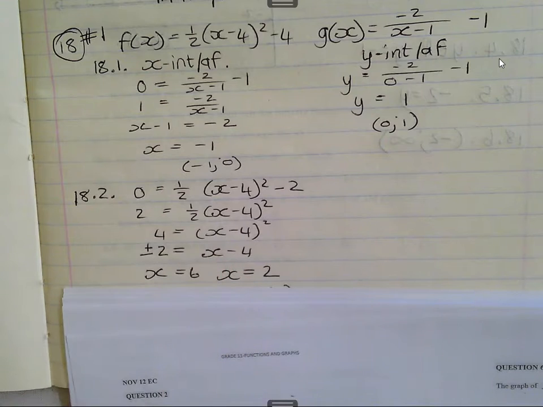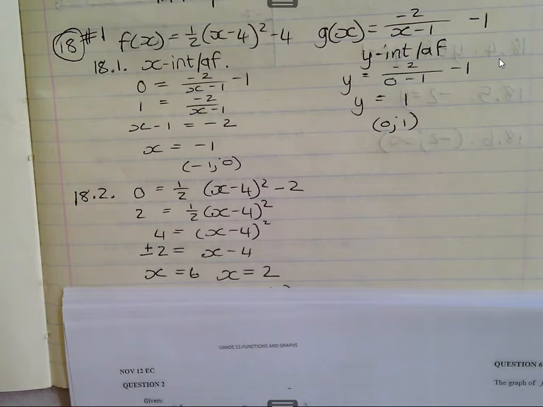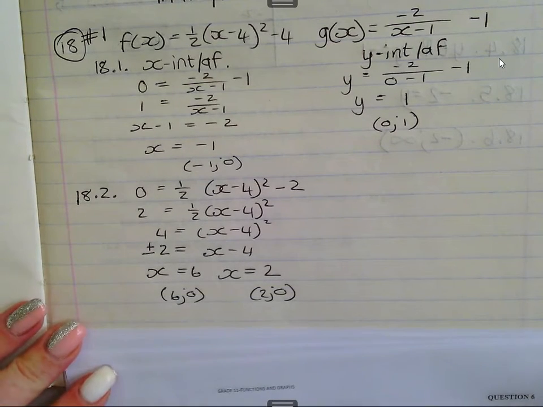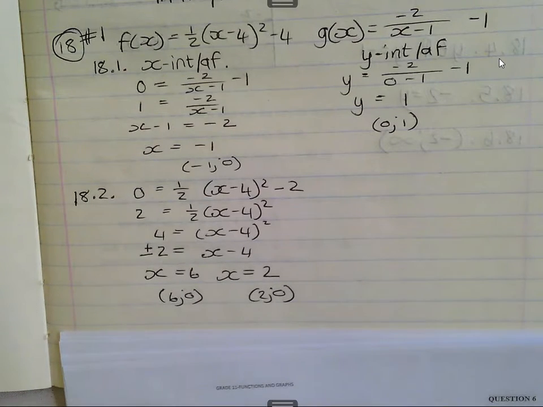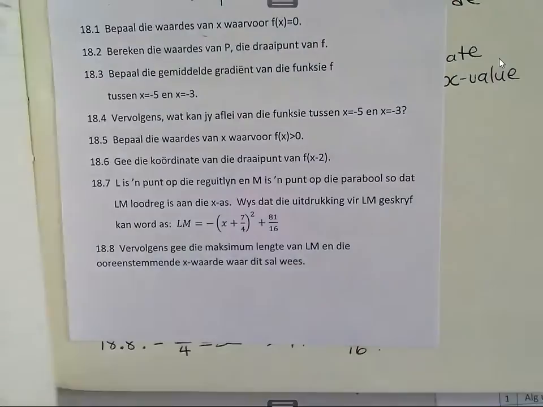And then you take the -4 over, and it becomes +4, and then your intercepts will be 6 and 2. Do you all understand?